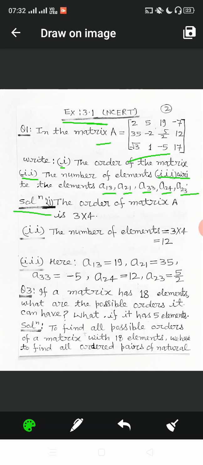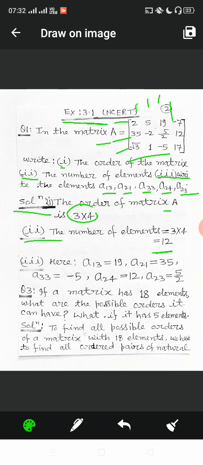First, the order of the matrix A is 3 by 4 because it has 3 rows and 4 columns. The number of elements is equal to m into n, that is 3 into 4 equal to 12.